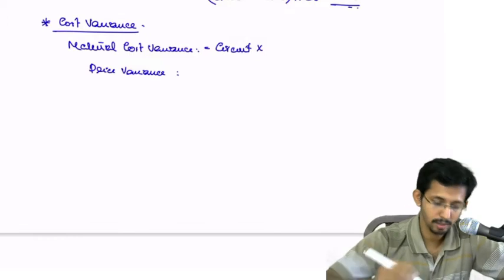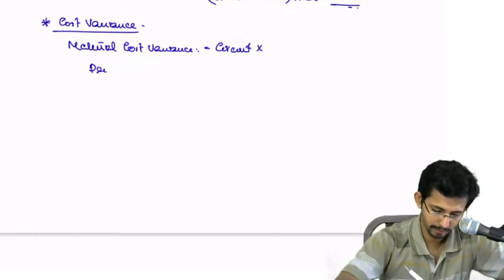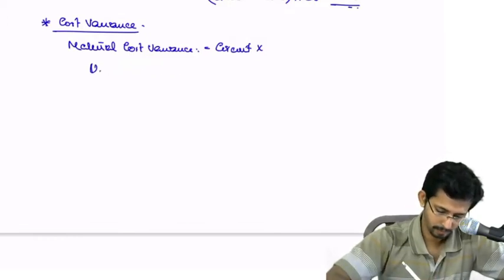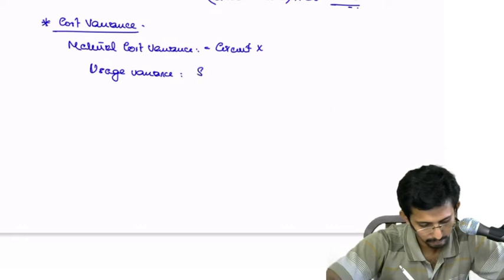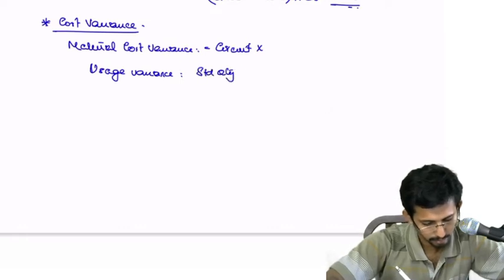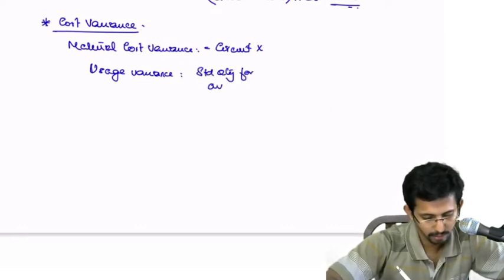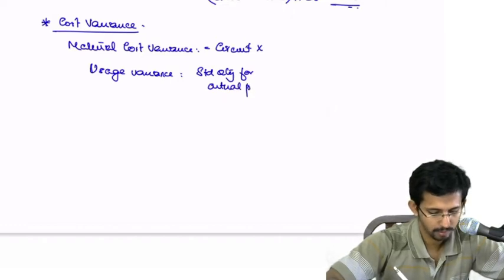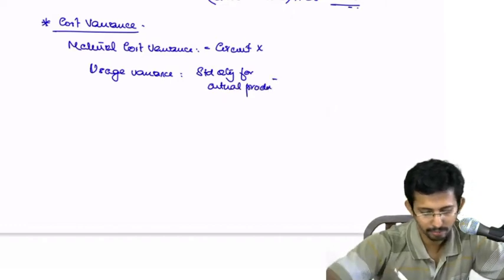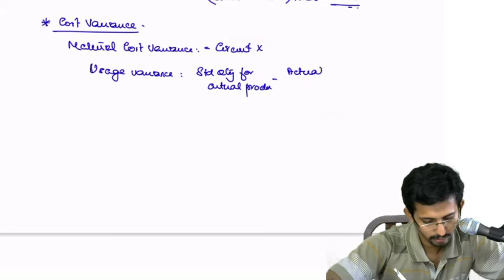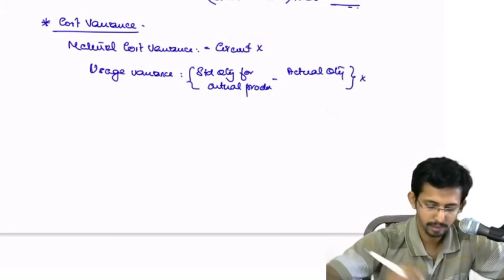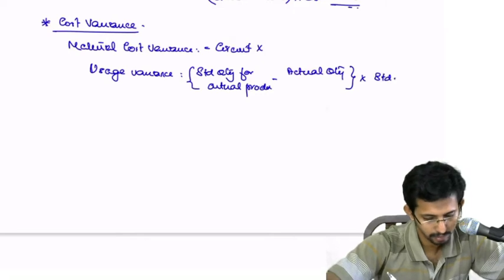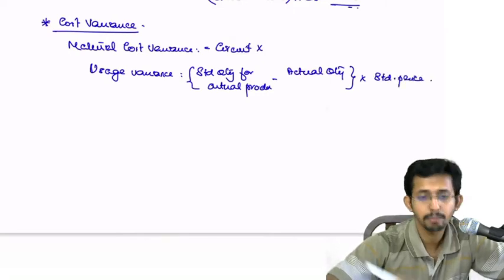First we will compute usage variance. Usage variance is standard quantity for actual production minus actual quantity into standard price.